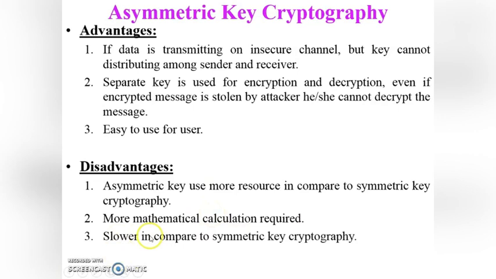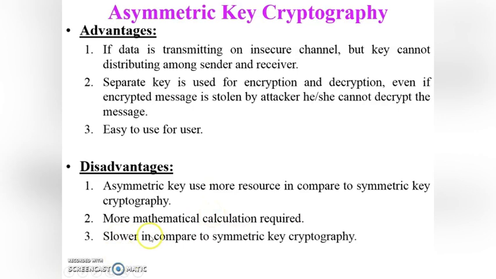For example, famous examples of asymmetric key cryptography are the RSA algorithm, Rivest, Shamir and Adleman, and the Diffie-Hellman key exchange algorithm. These are famous algorithms of asymmetric key cryptography. Now, advantages and disadvantages of asymmetric key cryptography.